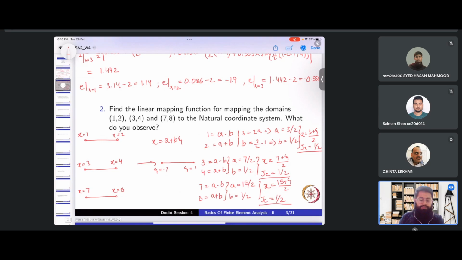So we observe that in each of these cases we get Jacobian equal to half. This confirms the concept that we studied earlier, that for simple linear transformations our Jacobian is always equal to the size of the element divided by 2. In each of these cases our element size is 1. So this is a concept that we can verify through this problem.